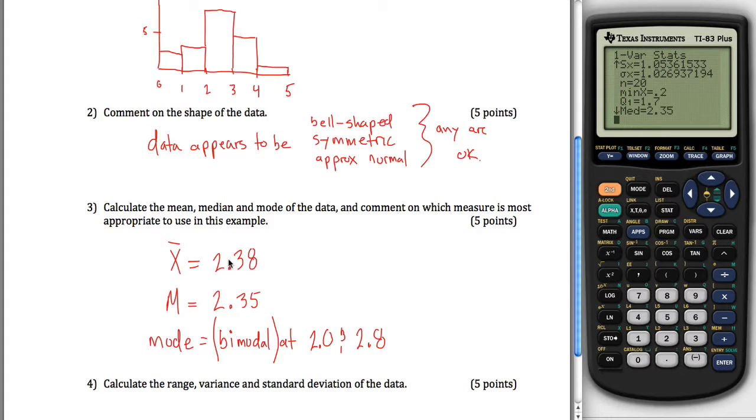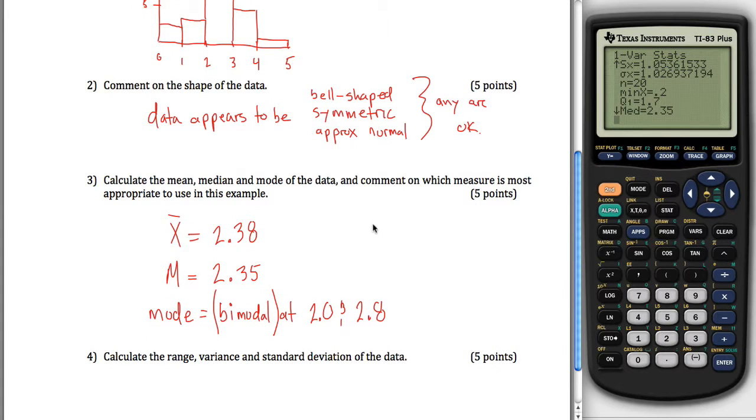The median and the mean, very similar, something we expect to happen when we're talking about approximately normal, bell-shaped, symmetric data. And I would say that the mean is most appropriate.